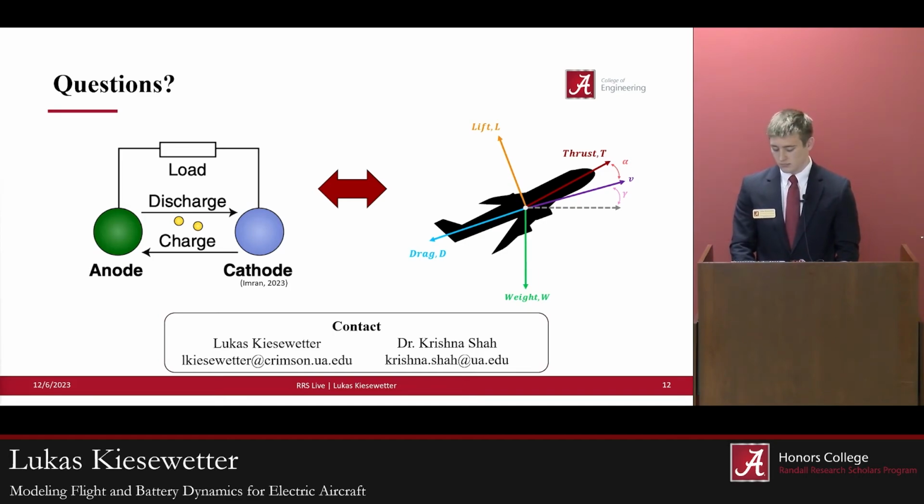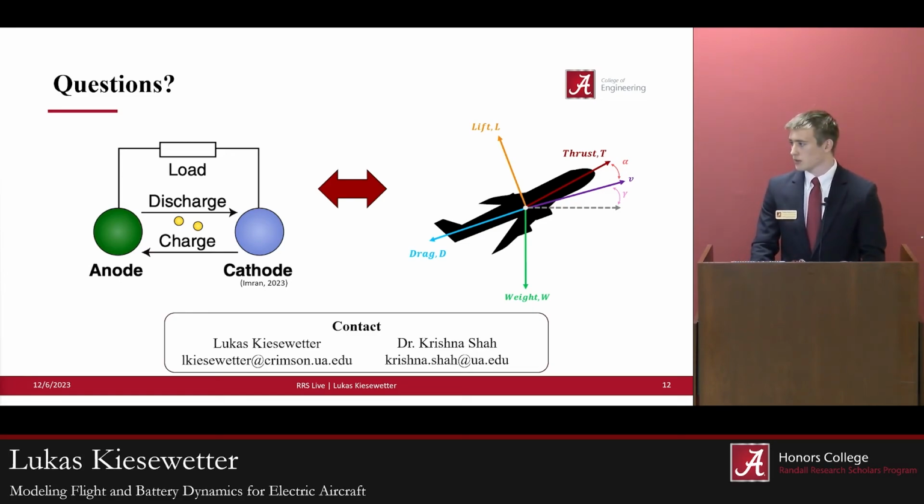So you mentioned that you were using the single particle model instead of the 2D model. What kind of benefit or value do you think you would get from moving to the more complex battery model? Yeah, so I guess probably starting with the simpler models, we talked about the equivalent circuit model. The big benefit of that is it's very quick. It's what's used in EVs in their battery management system.